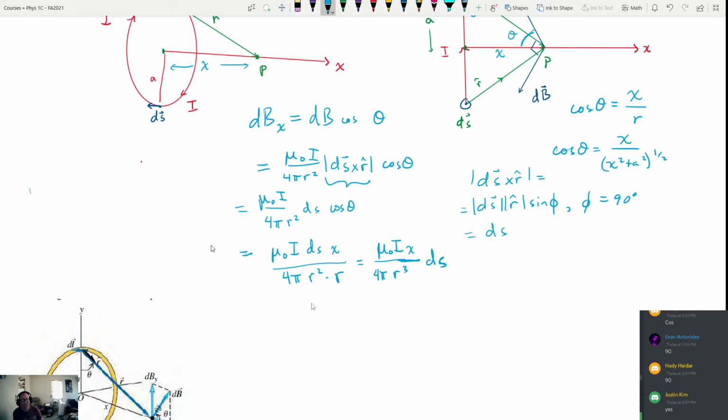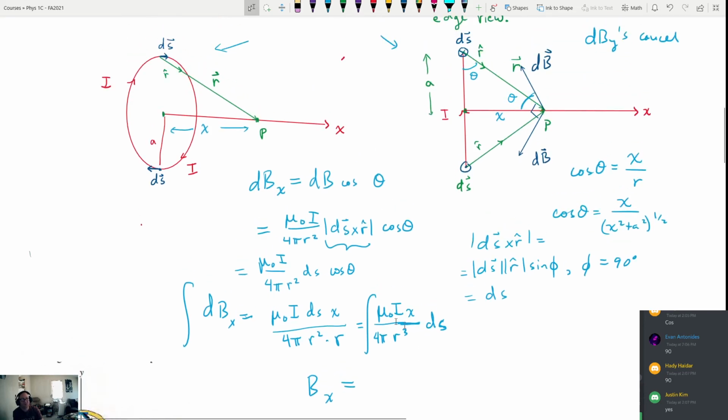And now what we want to do is integrate both sides so we can find out what this is equal to. So we're going to get that b sub x, the x component, is going to be equal to... Of all of these things here, everything is a constant in this problem.